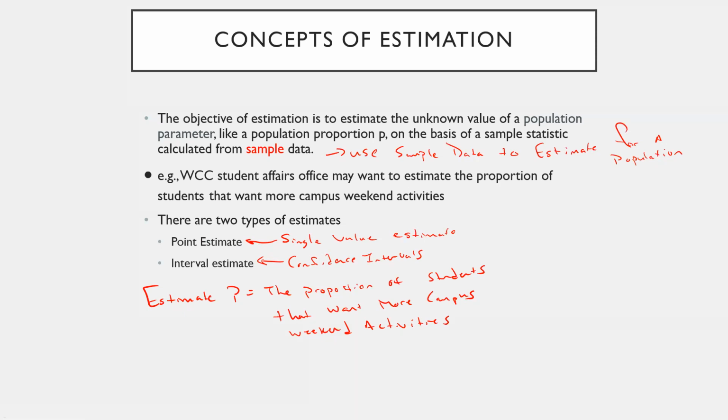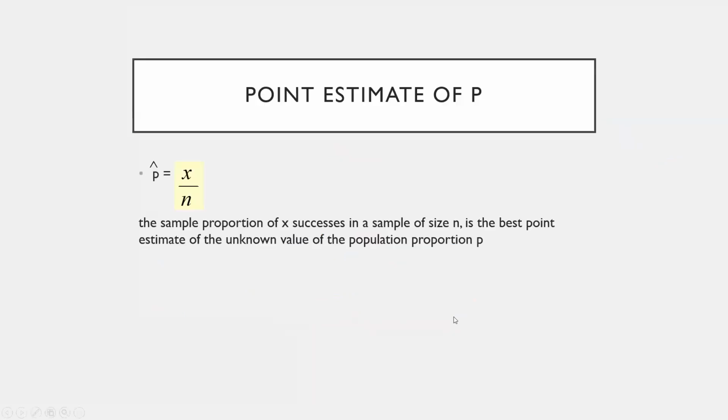Everybody okay if I go to the next slide real quick? Yep. All right, so the point estimate of the population proportion we've talked about before. Does anybody remember what this is called? It looks like P with a little hat on top of it. P hat. Yep, this is called P hat.